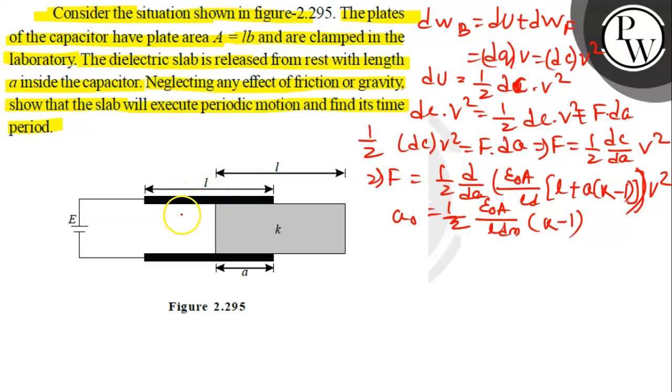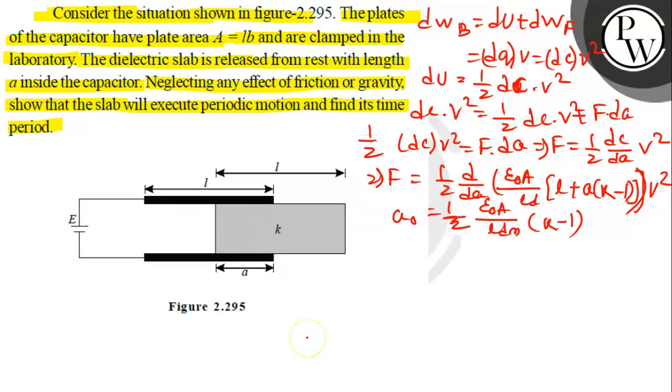As the dielectric completely fills the space, at this instant its velocity is not zero. The dielectric slab tends to move outside the capacitor. As the slab tends to move out, the direction of the force due to the capacitor will reverse. Thus, the dielectric slab will have a periodic motion.